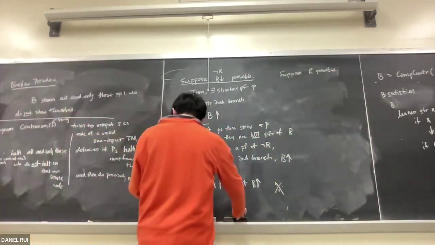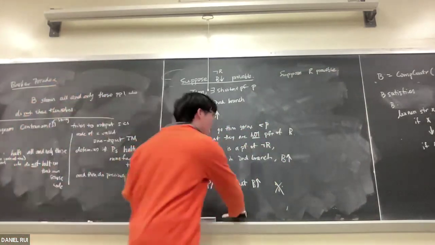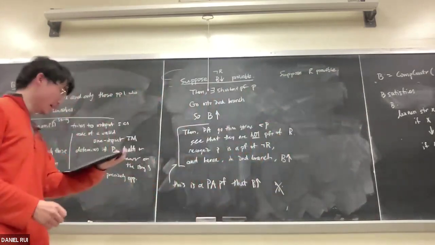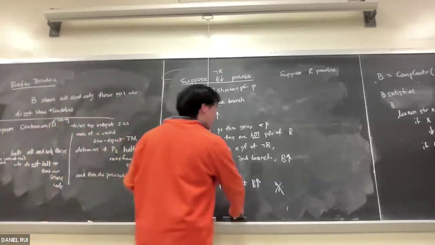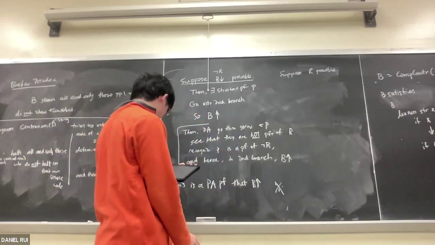So what's the takeaway? The takeaway, first of all, is that I've given you an explicit example of a true but unprovable statement. But also, let's understand this function R a little better.